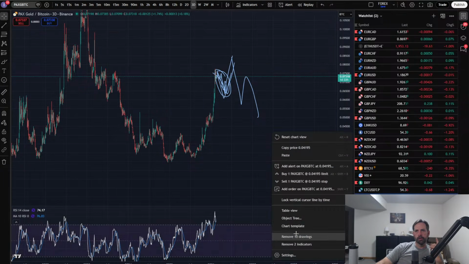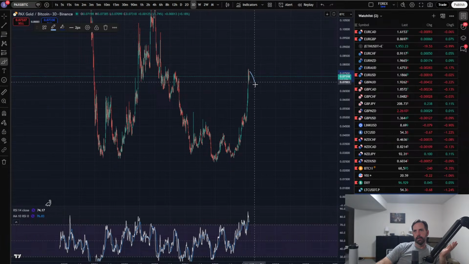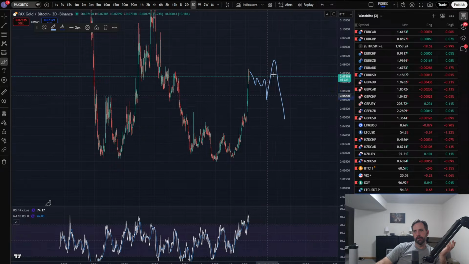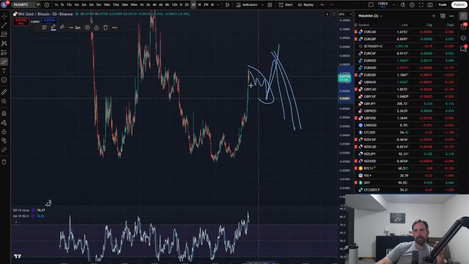But the overall chart looks bullish for now. But correct up, maybe something like this, and then down. So I see this. So BTC would be correcting to the upside and then down.